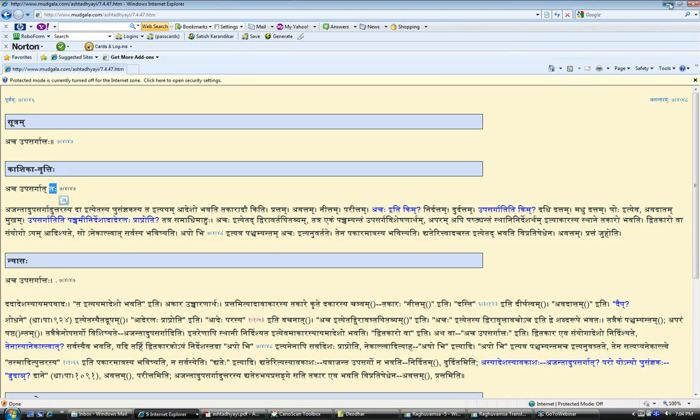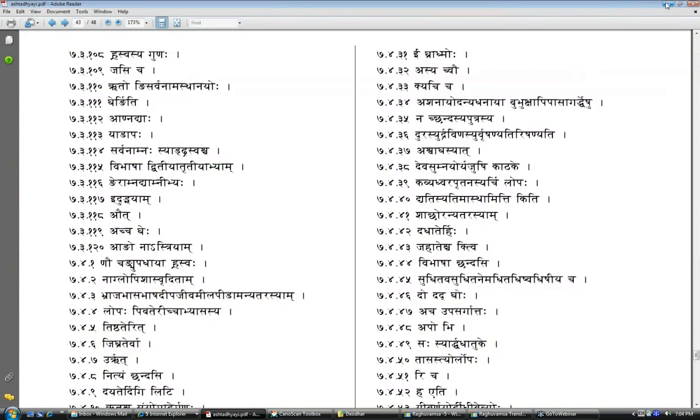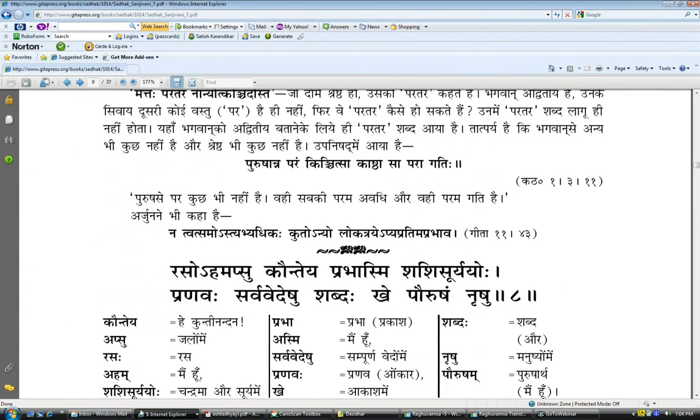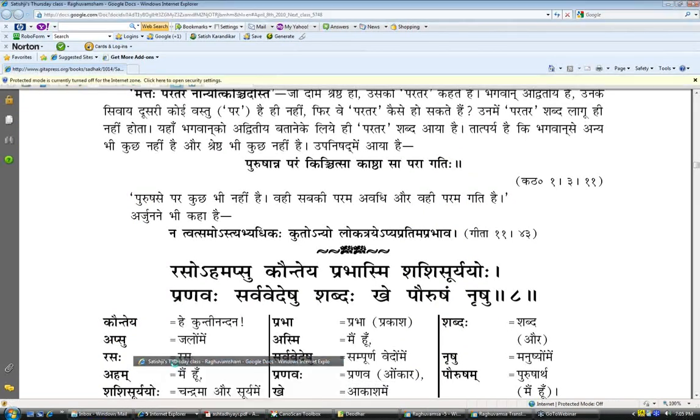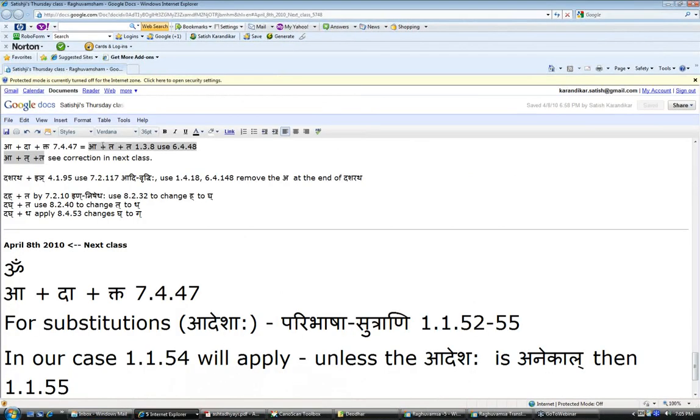So last time, without going through all these details, I took the entire ta as the adesha and made it an anekal adesha. It was fine for sutram 7.4.47, but in 48 you'll have a major problem if you do that. In 48 it will also become a sarvadesha of ap, and that will completely destroy the pratipadikam in 7.4.48.